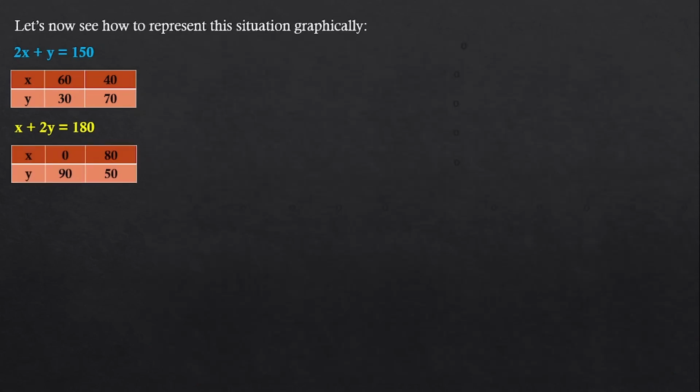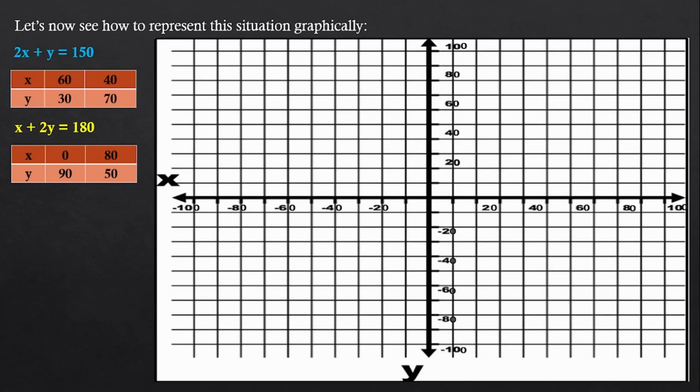Now let us try to put these values on the graph. Here we have a graph. Based on the values for x and y in both the tables, we will plot the scale accordingly, and now we will try to plot the values. First, for the first equation, 60 comma 30 and 40 comma 70.